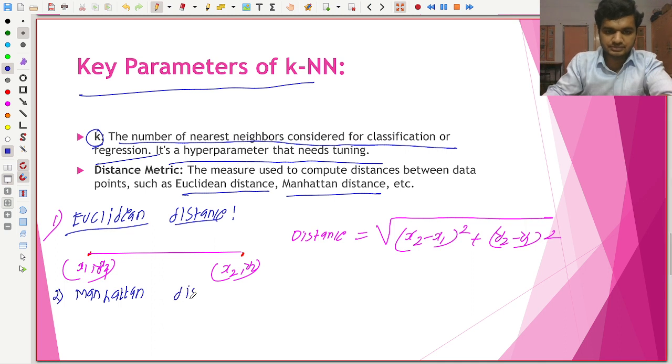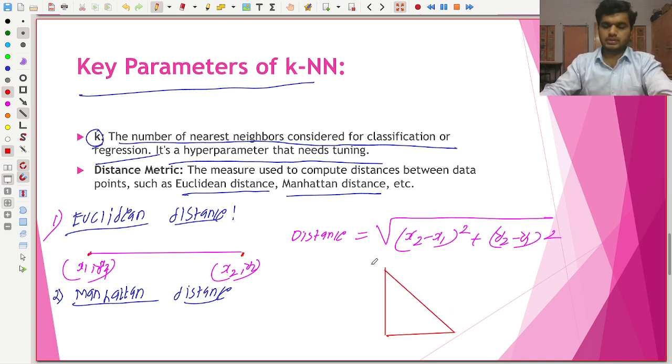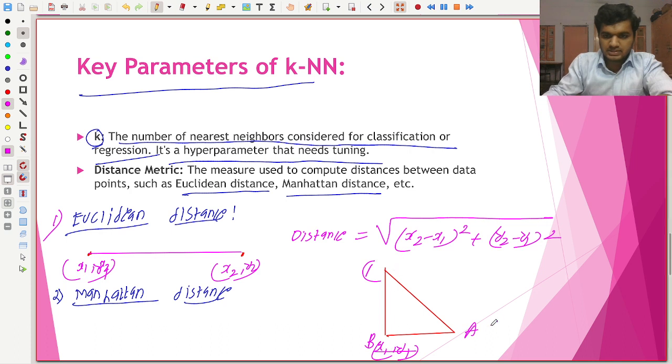In Manhattan distance, you notice, suppose it is your A, B, C. Okay, here you notice, suppose it is x1, y1, and it is also your x2, y2.